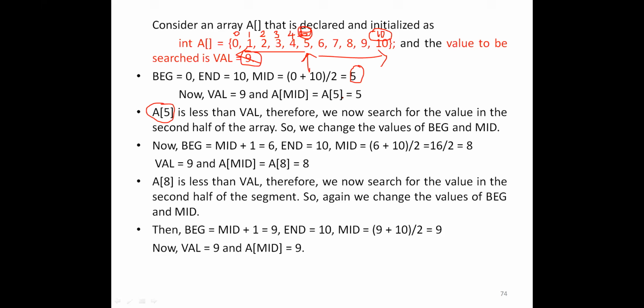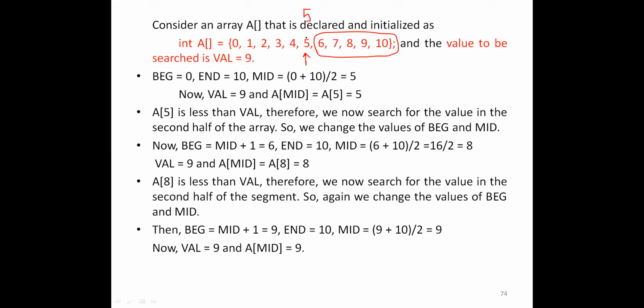Now we have to change the beginning and end values. How will you change the beginning? This is the formula: mid plus 1. What was the previous mid value? 5, right? So 5 plus 1 is 6. Now I have to check these elements only. The middle index was 5; the value and index are the same, don't get confused.